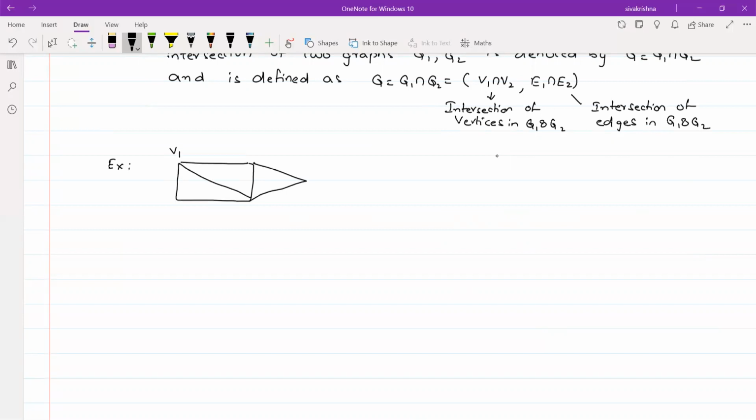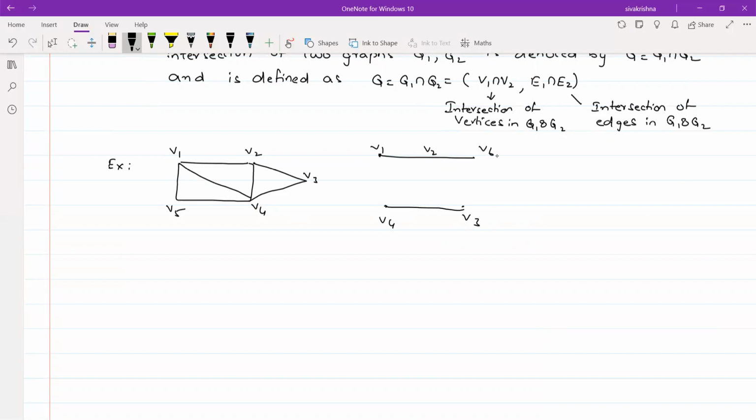The vertices are V1, V2, V3, V4 and V5. In the second graph we are having V1, V2, V6, V4 and V3.